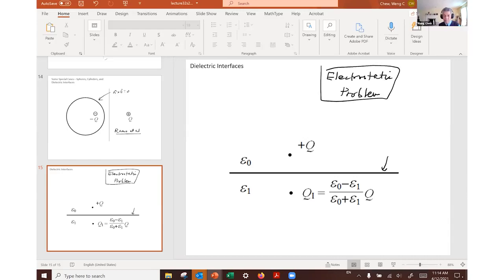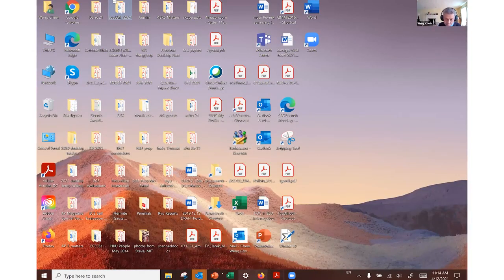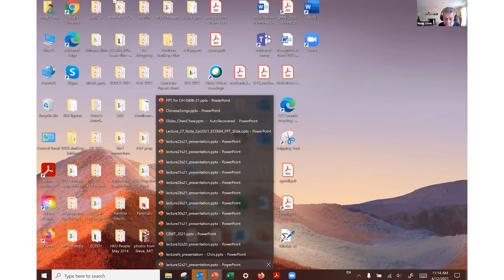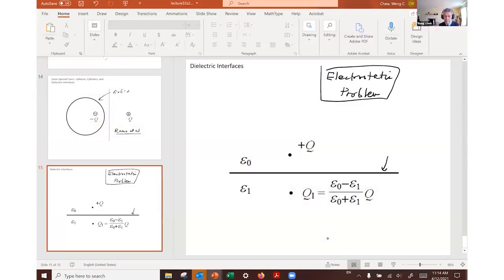So what are the two boundary conditions that we should have on that surface? Anybody want to suggest the kind of boundary conditions we should have? If it is an electrostatic problem, we only need to solve two equations.